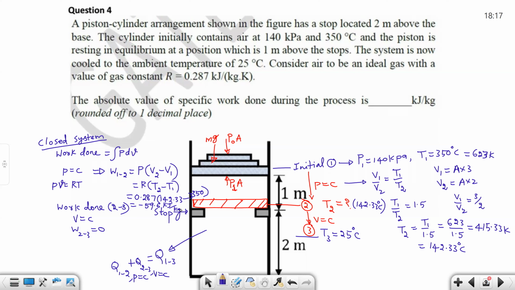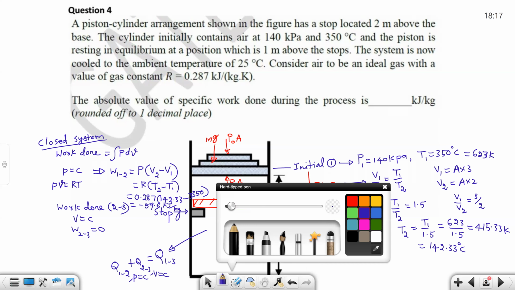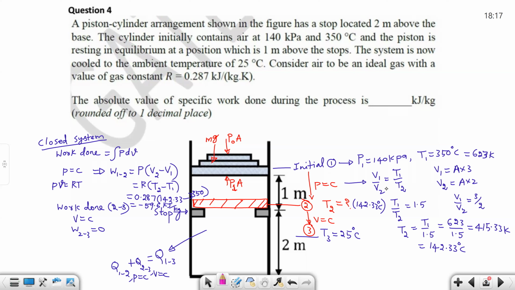Because you are substituting this R in kilojoule per kilogram Kelvin, and this temperature difference is in degree centigrade or Kelvin, it doesn't matter. So Kelvin and Kelvin will get cancelled. So you get a unit of kilojoule per kilogram.